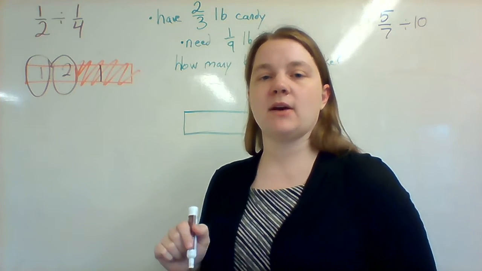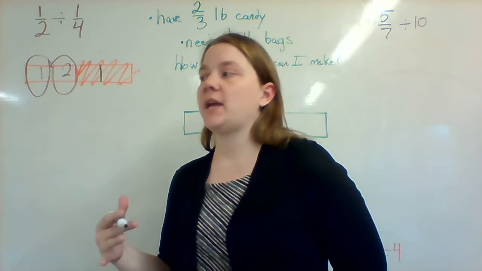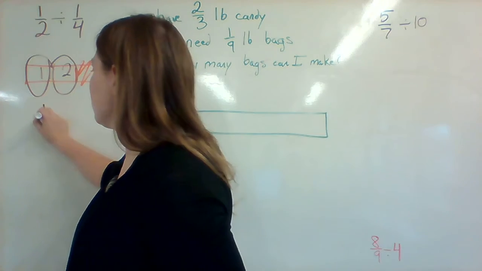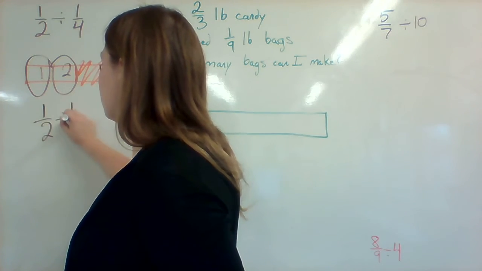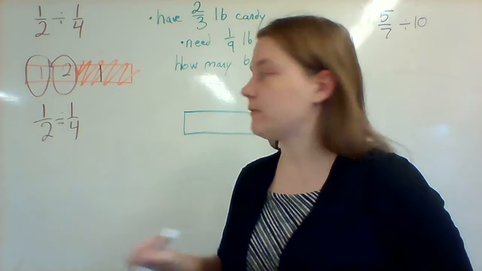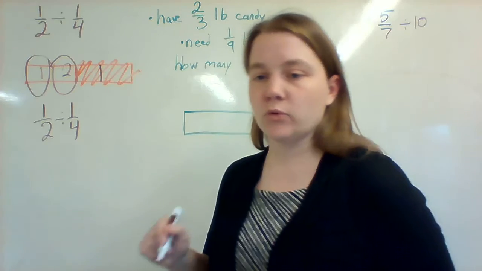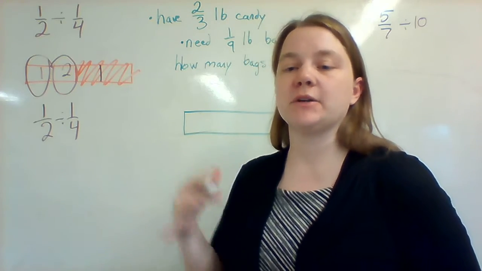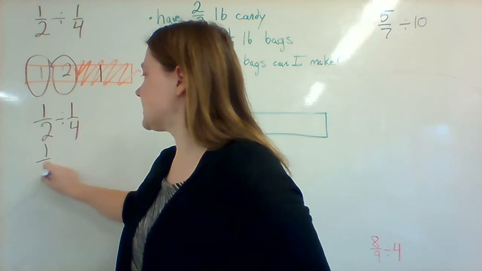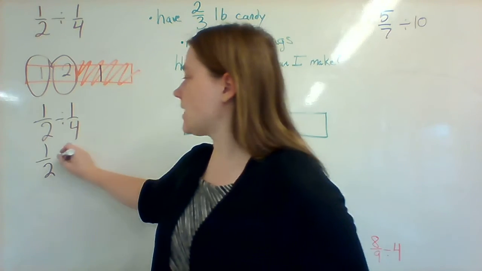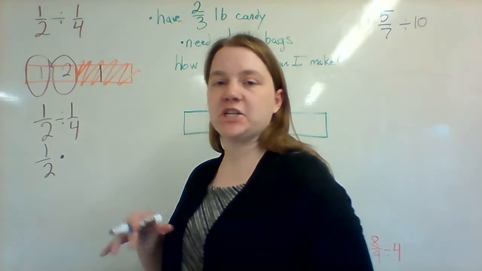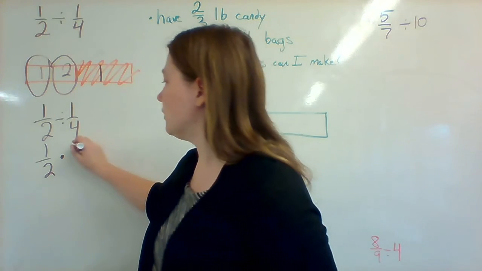So let's take a look at what that looks like when we actually have the numbers and not the picture. So 1/2 divided by 1/4. We have the same rule that we were using before, which is multiply the reciprocal. So that means that 1/2 stays the same. The division sign changes to a multiplication sign, and 1/4 changes to its flip-flop, 4/1.